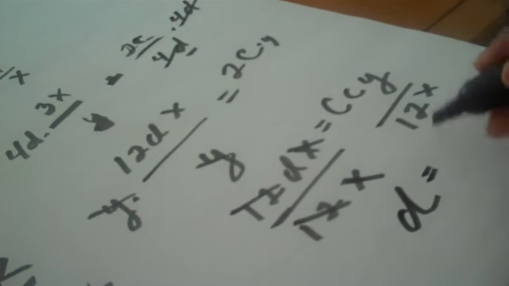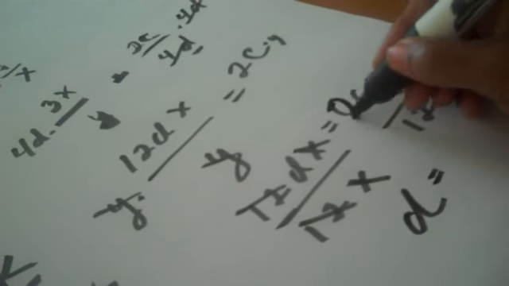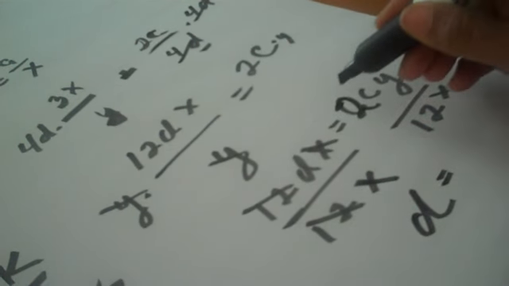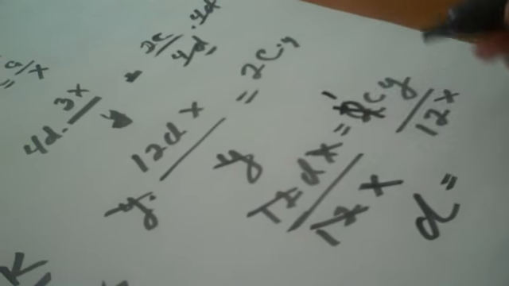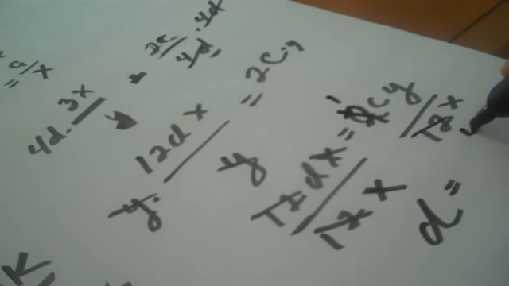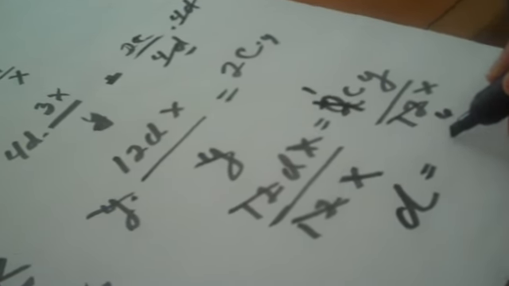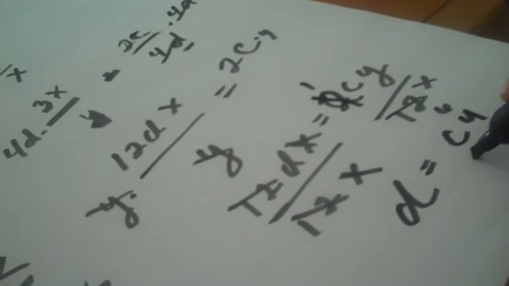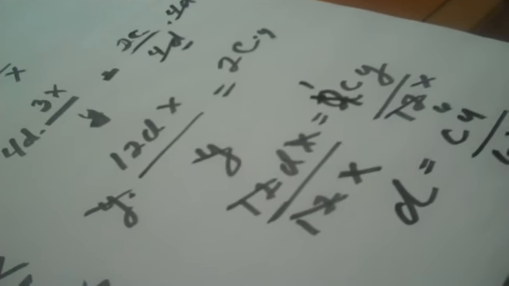Now, on the right side, oops, this should be a 2. We've got a common factor of 2 that we can divide out. So 2 goes into 2 one time, 2 goes into 12 6 times. So what do we have left? We've got cy over 6x.